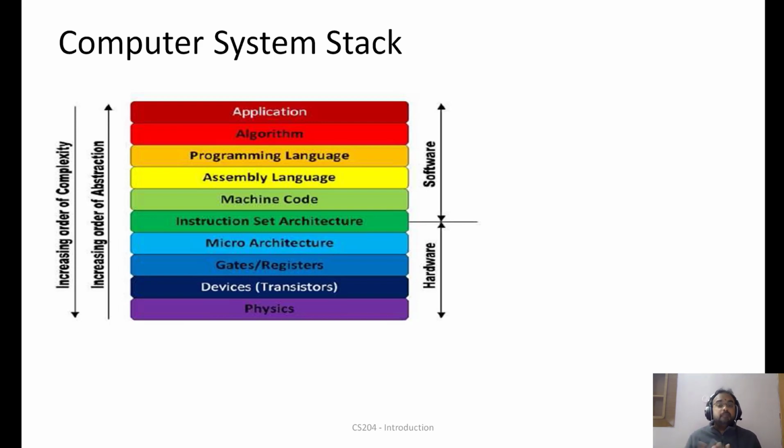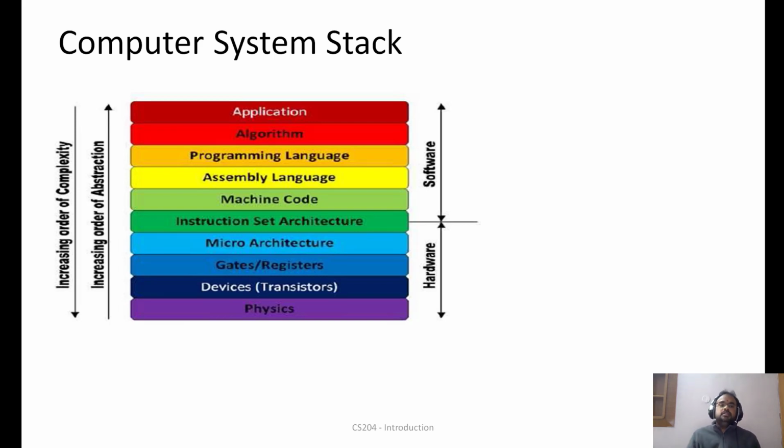Above that is the microarchitecture layer, wherein we use these gates and registers and some logic like multiplexers, decoders, etc., to build a bigger computing platform, for example, a CPU.